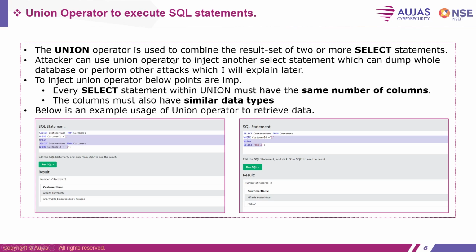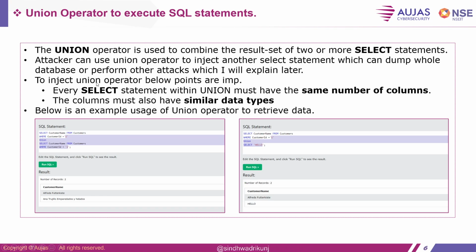An attacker can use the union operator to inject another select statement which can dump the whole database. I managed to inject another select statement with 1, 2, 3, 4, whatever number of columns there were, and that results in the execution of any command through that specific injection point, right?